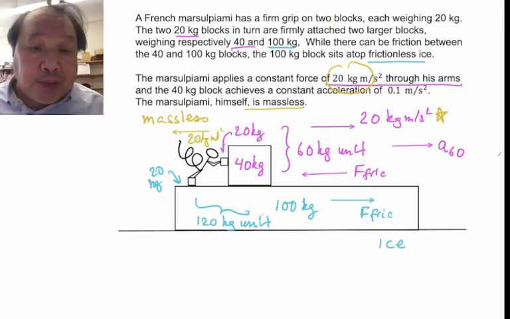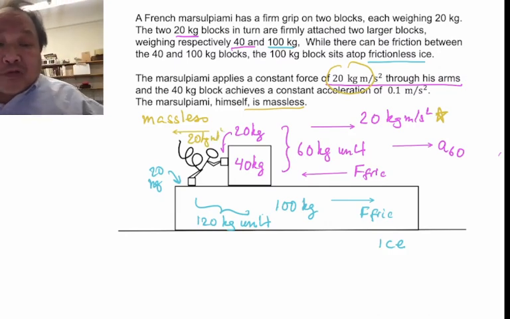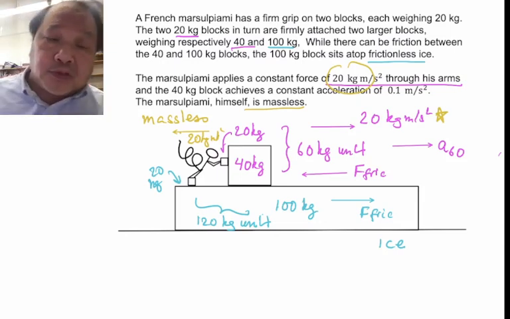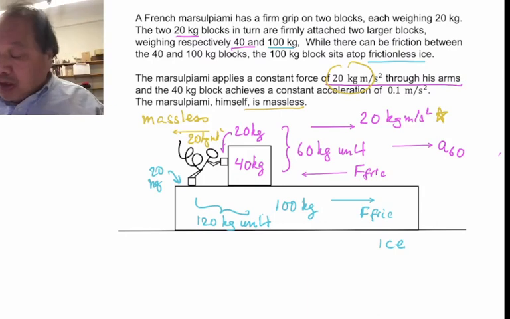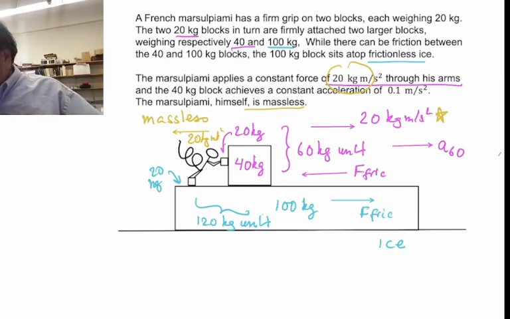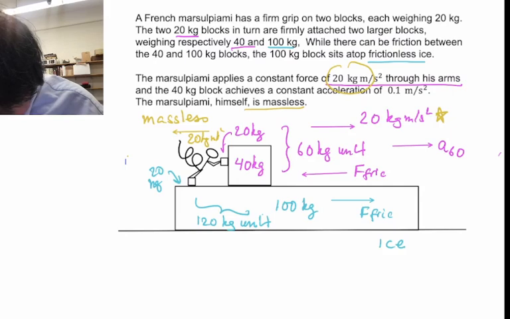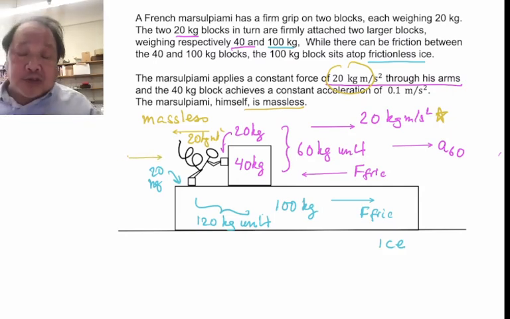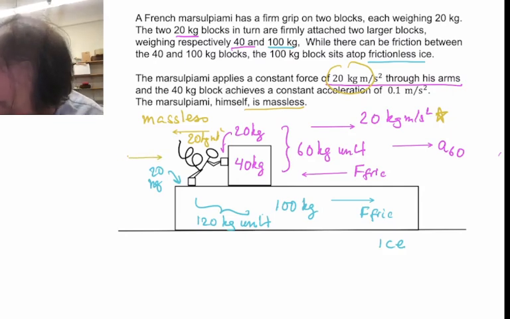But we know it's massless, and therefore the sum of all its forces has to cancel out. And so if the arms are feeling back 20 kilograms, the feet must be feeling the exact same amount going in the opposite direction. I'll put that here. We can get this because the deformable body that we're treating is massless, and so all the forces have to cancel out.